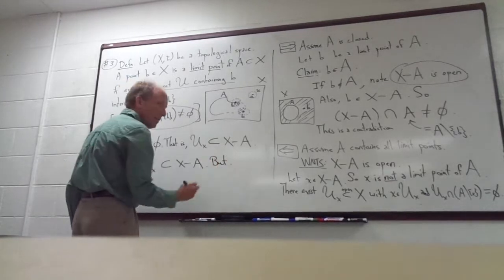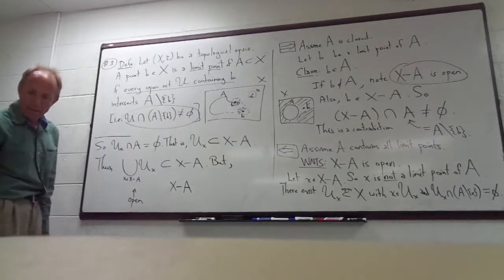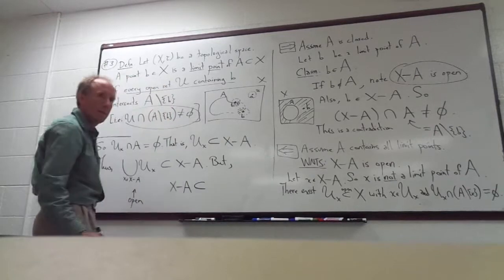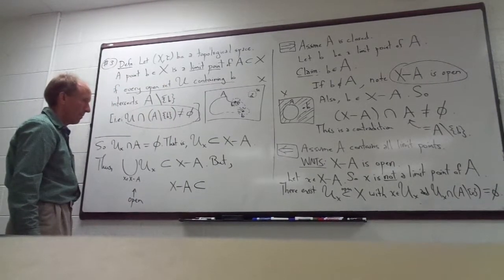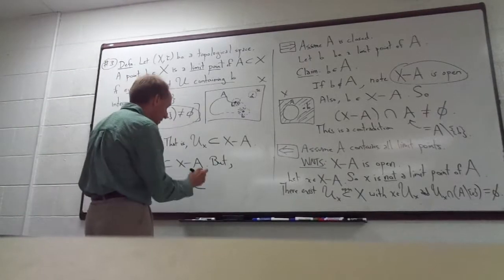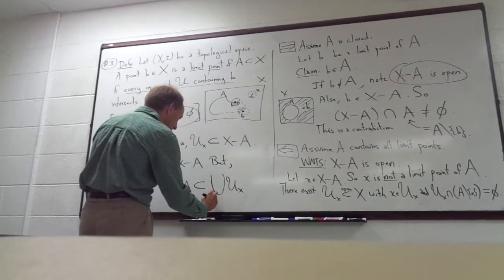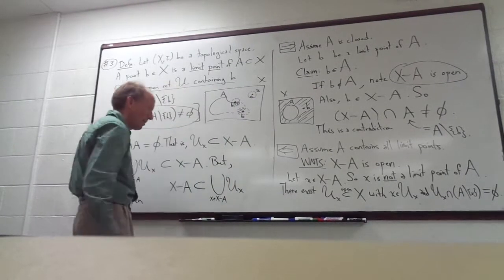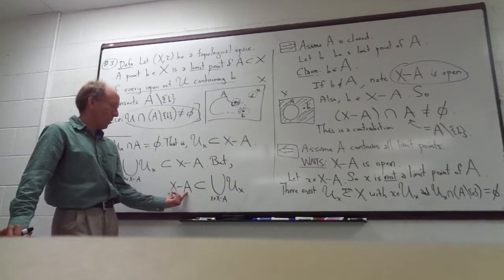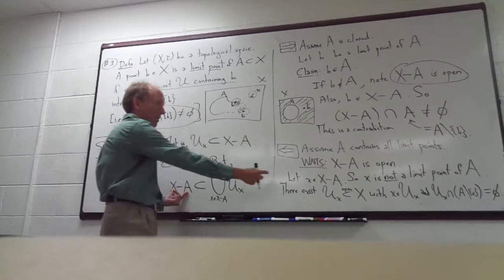But X minus A, guys, is also contained in this union, because X minus A is contained in the union of the U sub x's. Why is that? Well, you grab any point in here, like we did in the proof.